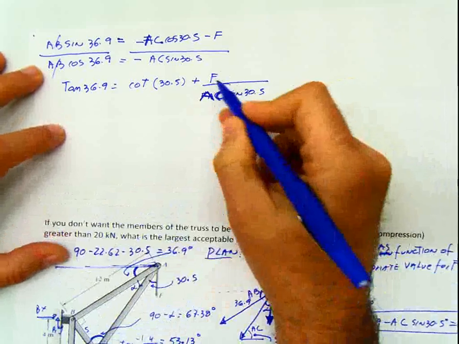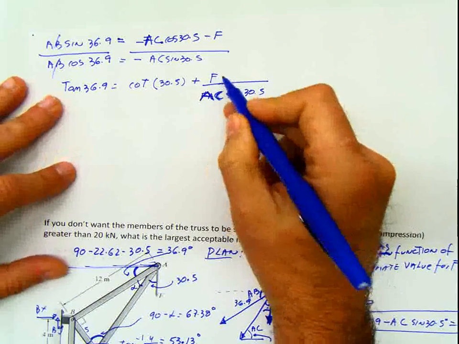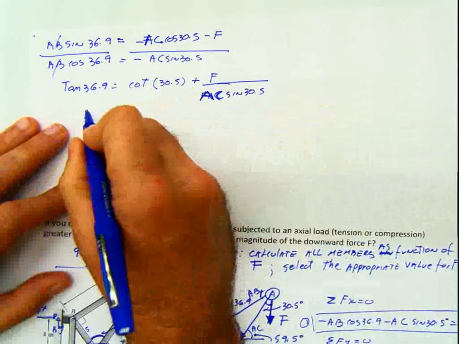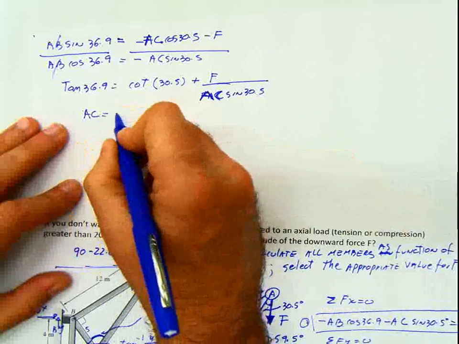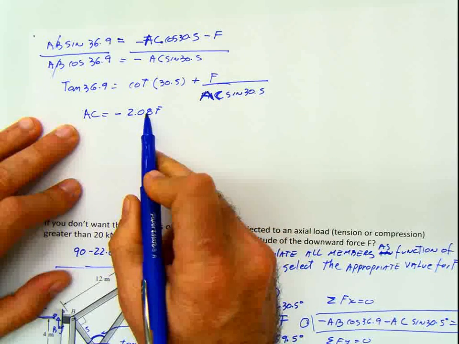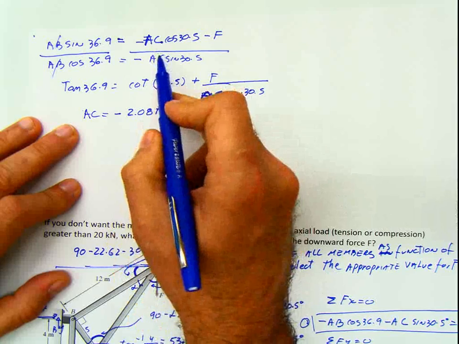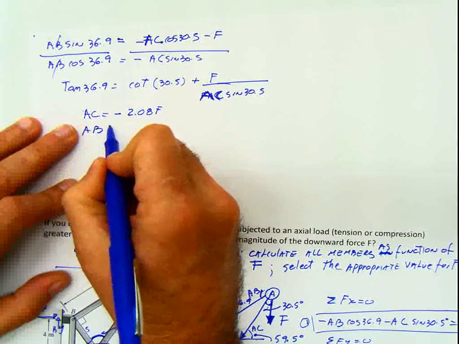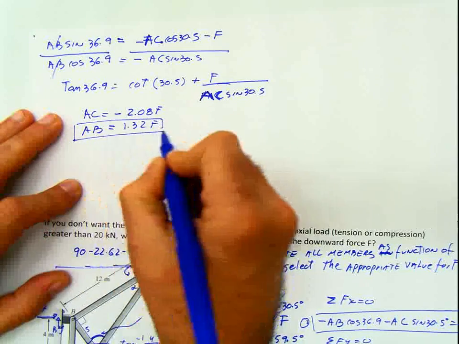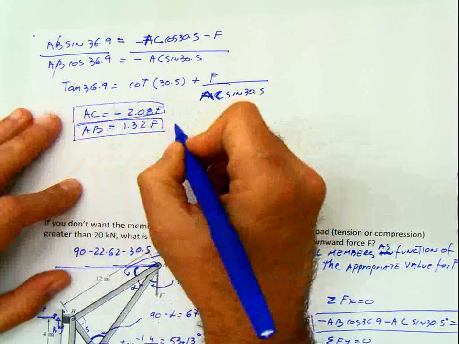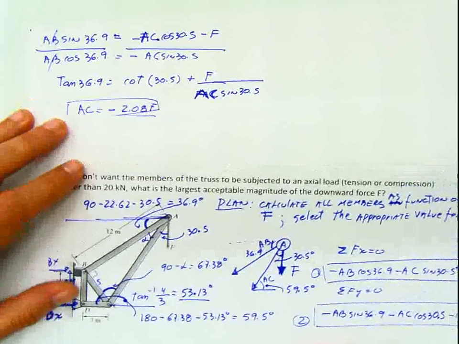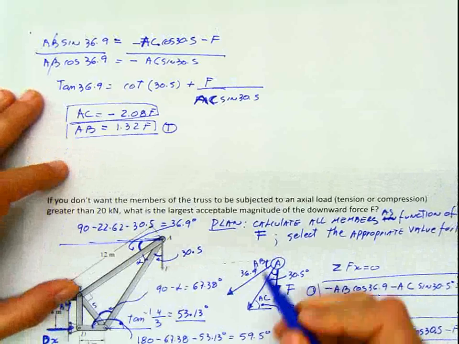Now my only unknown here is AC, and it's going to be expressed in terms of F. I pass this to one side, and then I get AC is equal to negative 2.08 F. And if I plug this back into here, for example, then I can get my AB being equal to 1.32 F.